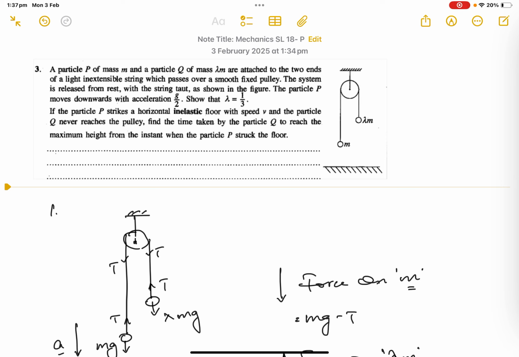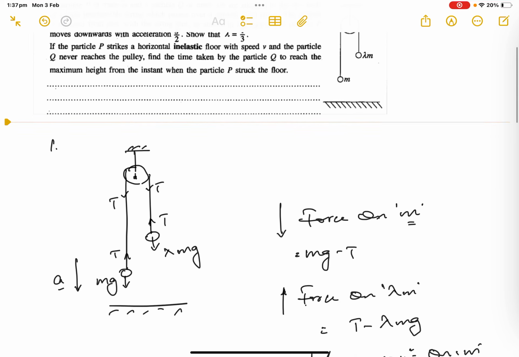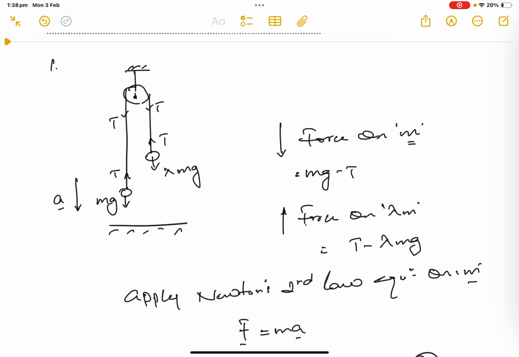Let's start with the first part. There's a diagram given, and I've just redrawn the diagram with the forces. The weight of m is mg, in Newtons, and the tension T acts upwards. The tension T is the same all along the string because it's a smooth pulley.